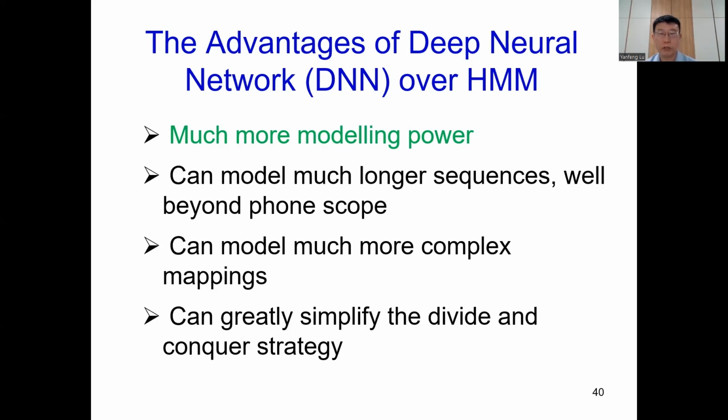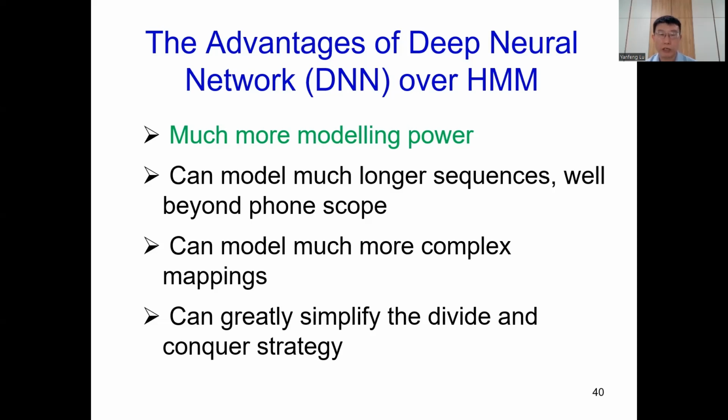But with the deep neural network, we can model a much longer sequence. We can model a sequence of phones, not just the phone. And also we can do a very large mapping. Again, in the traditional approach of TTS systems, we use divide and conquer. The major reason was that the general mapping problem was very complex, and since the hidden Markov model is very weak, we have to do divide and conquer.